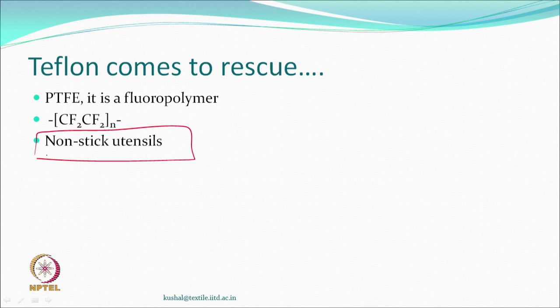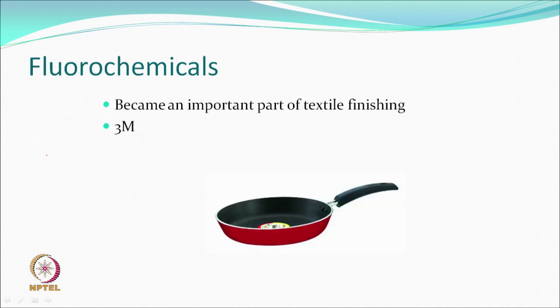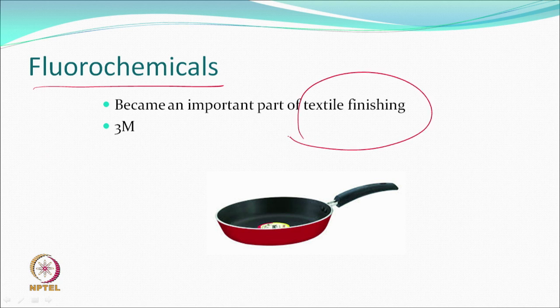You have heard about non-stick utensils, something like this, right. You must have seen some of this equipment in the kitchen or anywhere else. So, now this fluorochemical, as we are now calling it, can become a part of textile finishing. We had used it as a laminate, and there our purpose was different.